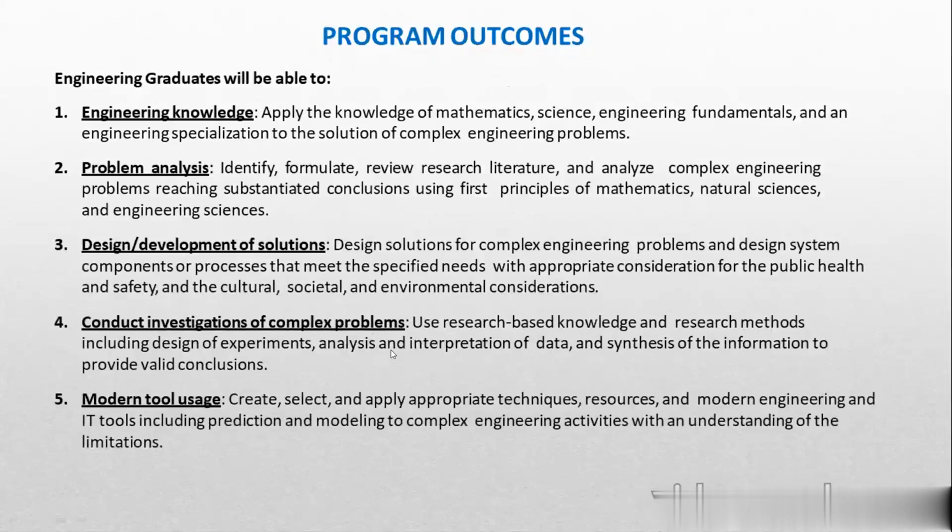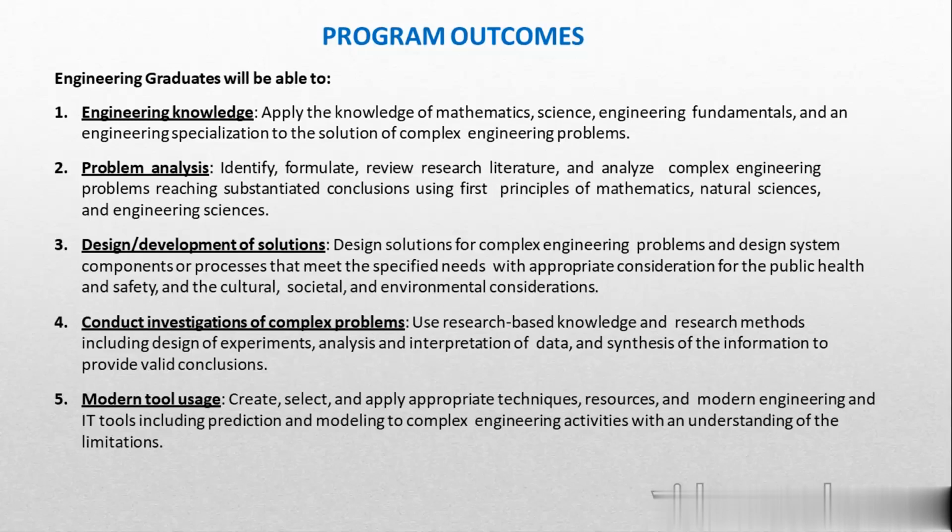Suppose a student joined our college in BTech CSC, he should have all these attributes. These are all called the graduate attributes, as per AICTE. And when it comes to NBA, they have converted these parameters into program outcomes.